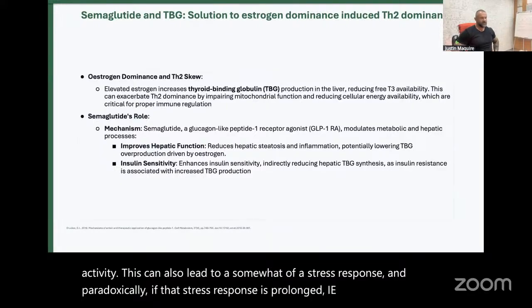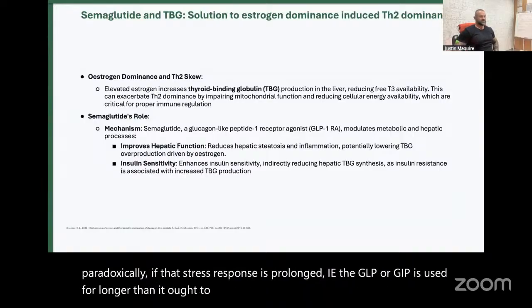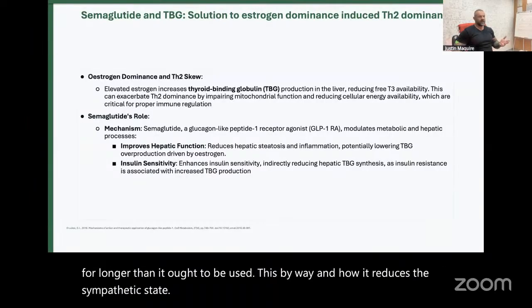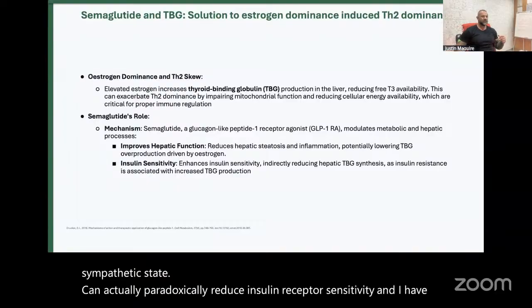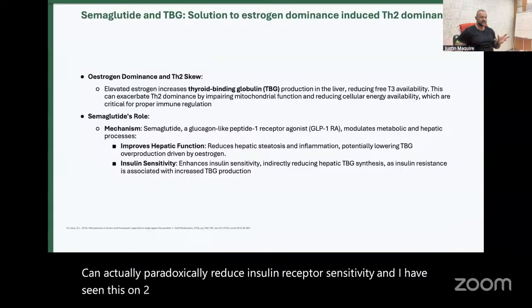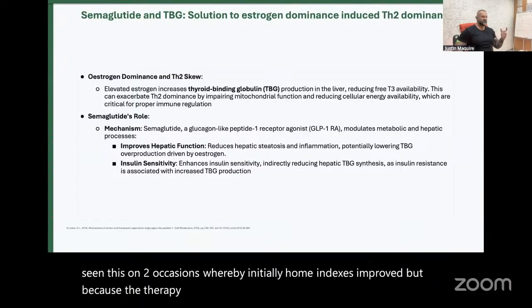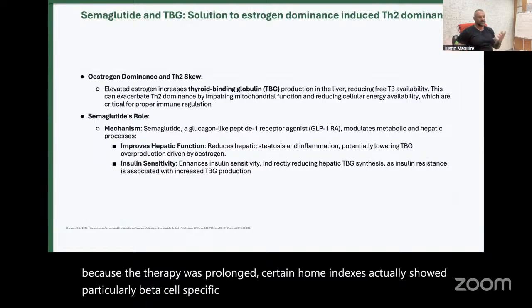If the GLP or GIP is used for longer than it ought to be used, by way of how it induces a sympathetic state, it can actually paradoxically reduce insulin receptor sensitivity. And I have seen this on 2 occasions whereby initially HOMA indexes improved, but because the therapy was prolonged, certain HOMA indexes, particularly beta cell specific, actually showed a worsened outcome in its prolonged use.